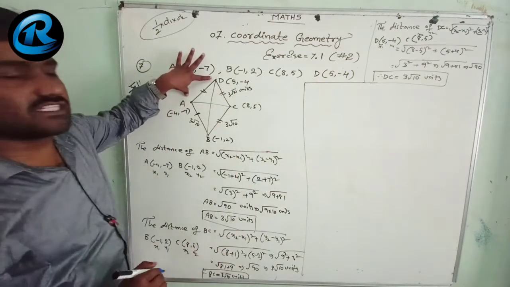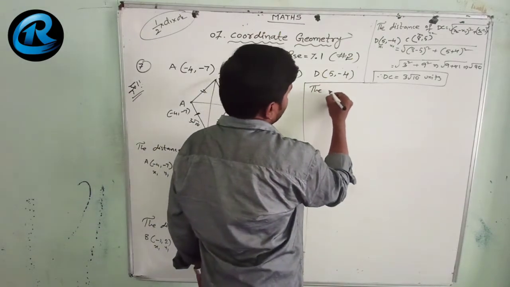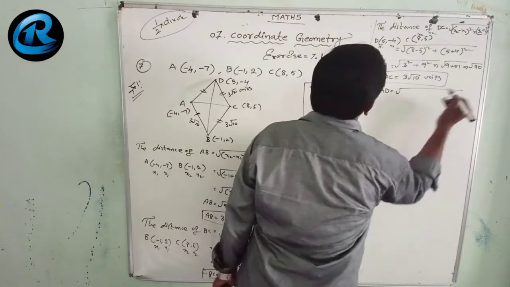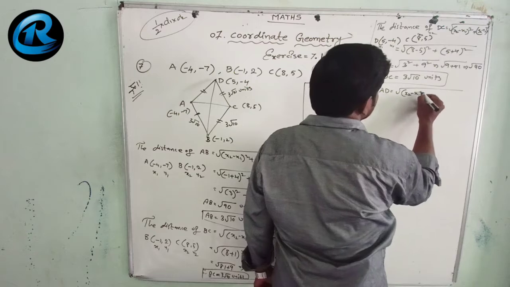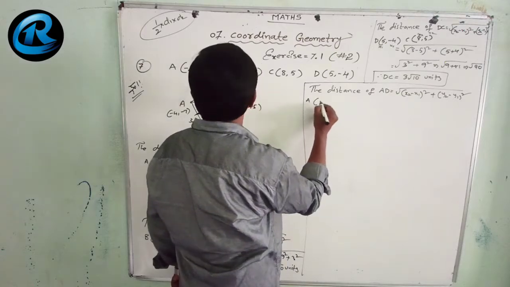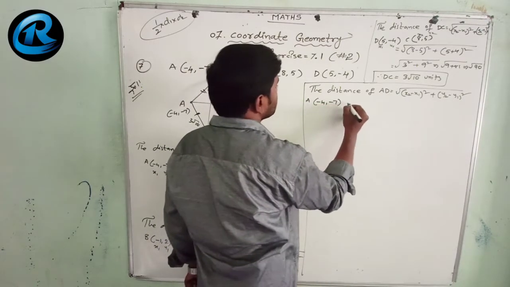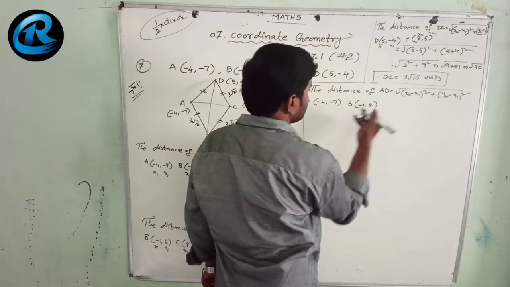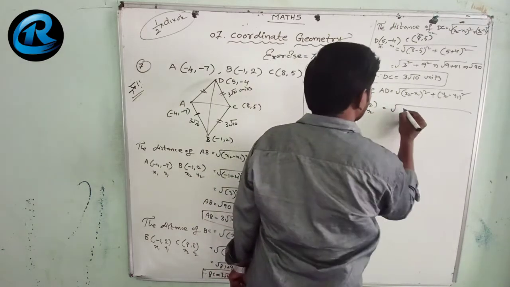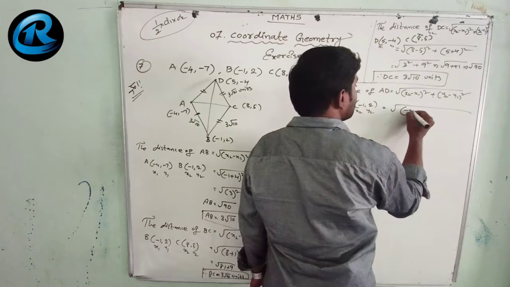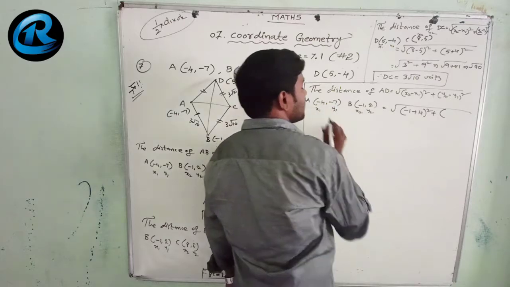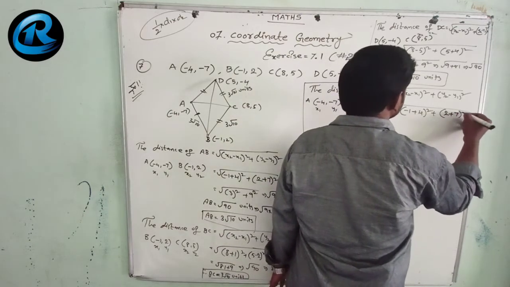Next let us find out the AD distance. The distance of AD equals under root of x2 minus x1 whole square plus y2 minus y1 whole square, where A value is minus 4 comma minus 7 and B value is minus 1 comma 2. Under root of x2 minus x1: minus 1 minus of minus 4 that is plus 4 whole square, y2 minus y1: 2 minus of minus 7, plus 7 whole square.